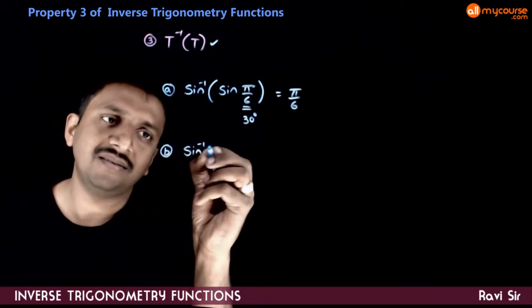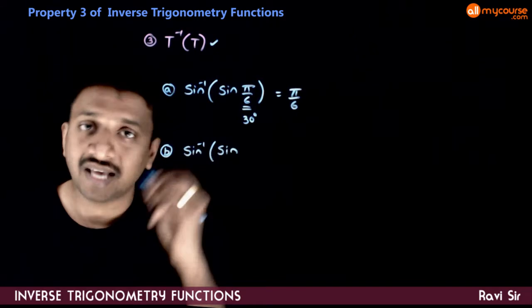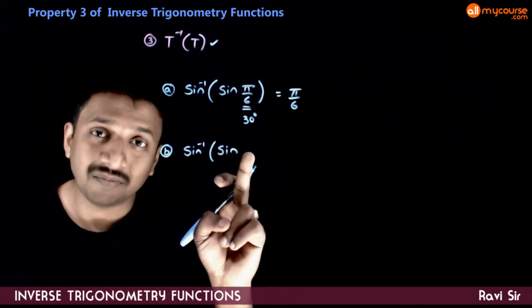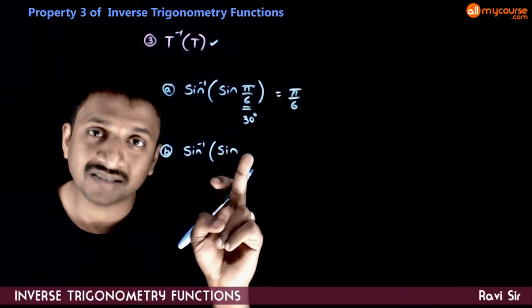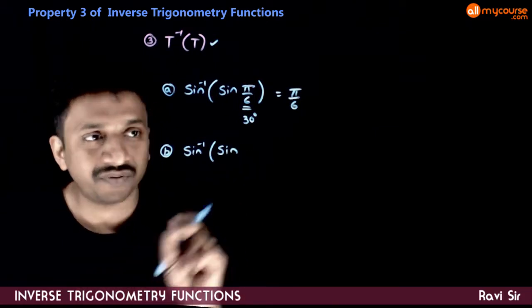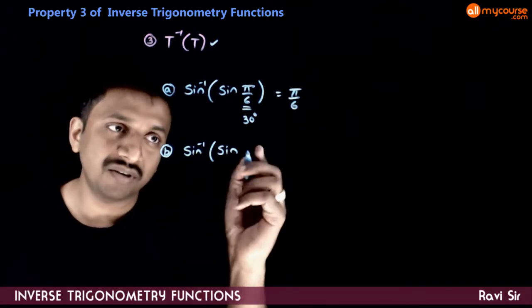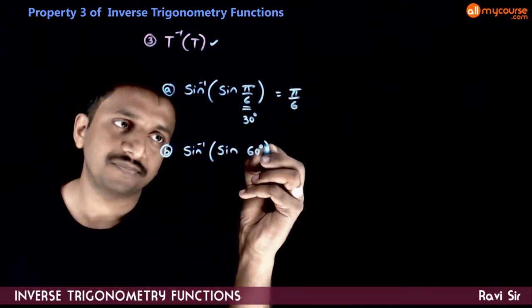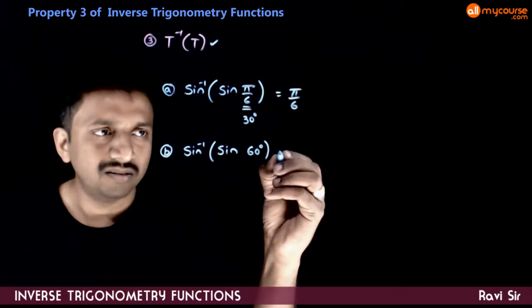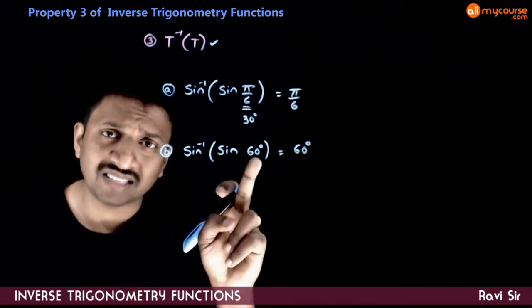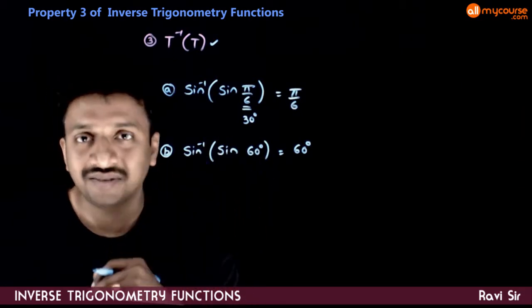Similarly, sine inverse of sine. Without loss of generality, I'll put the angles in degrees just for better understanding. So if I want sine inverse of sine 60 degrees, this will be equal to 60 degrees because 60 degrees lies in the range of sine inverse.